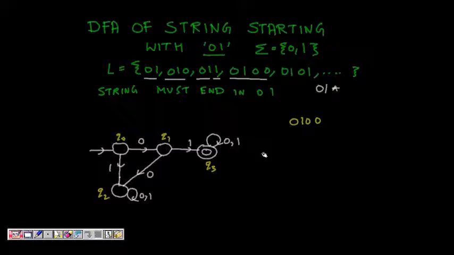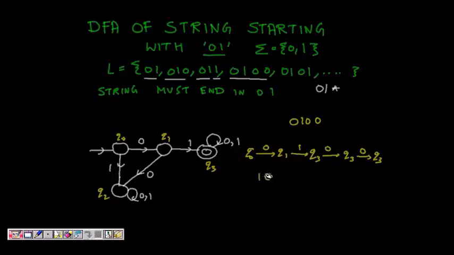I'm at Q0, I get a 0, so I go to Q1. From here I get a 1, then I go to Q3. Now I get a 0, I still remain in Q3. I get a 0, I remain in Q3. So this is accepted.